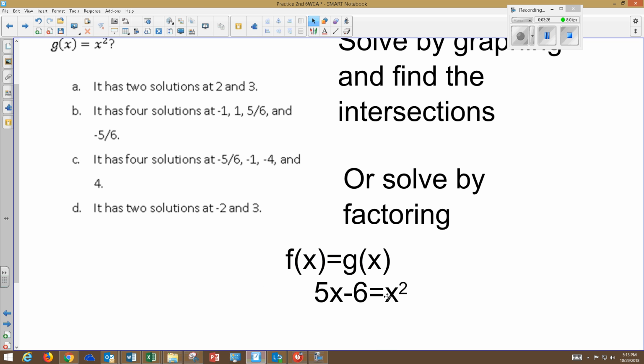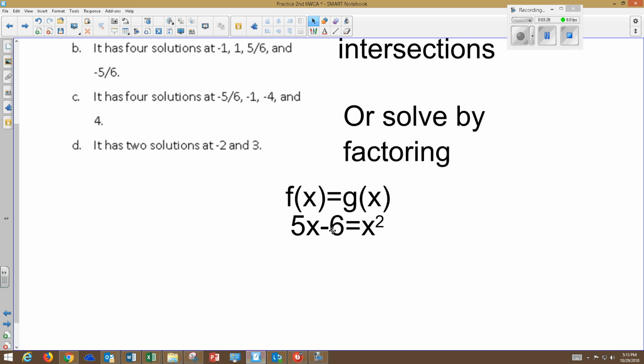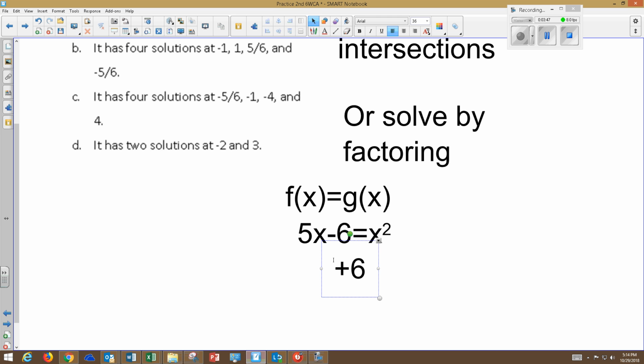However, we could transform this to standard form. And really all we need to do is, we need to set this equal to 0. So let's add 6 to both sides, and let's subtract 5x from both sides.